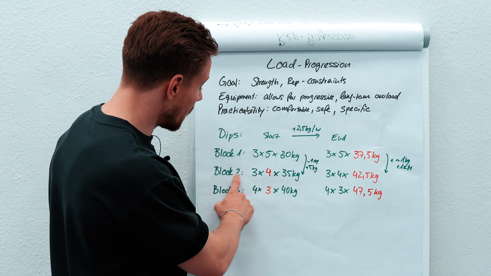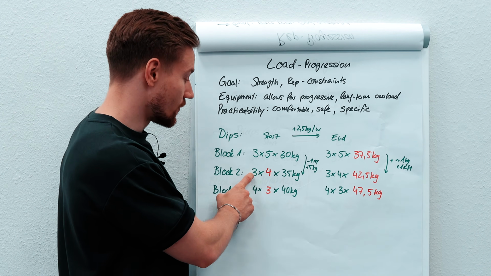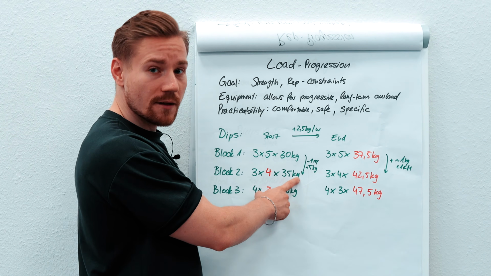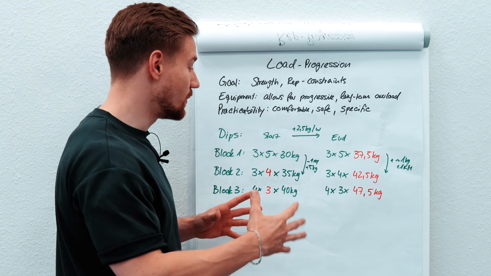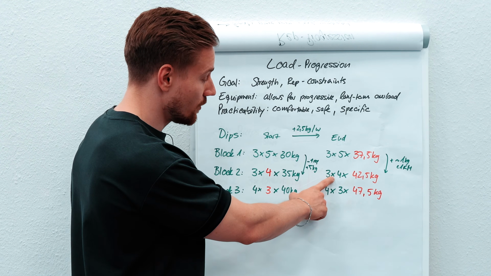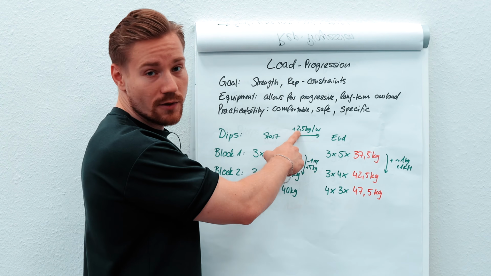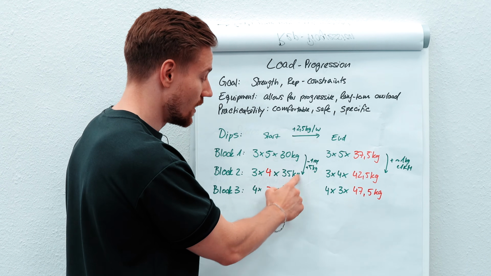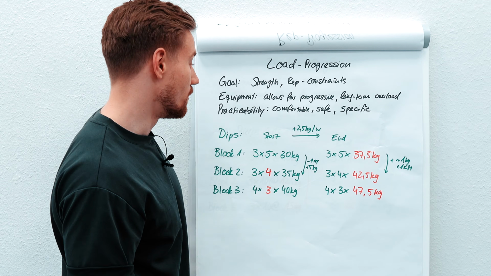That means we are arriving in block number 2 with 3 sets, 4 repetitions, and we're decreasing the weight again a bit because we want to keep some buffer, because from the start of the block to the end of the block, we want to increase every week by 2.5 kg. And to make that happen, as I said, we need some buffer.